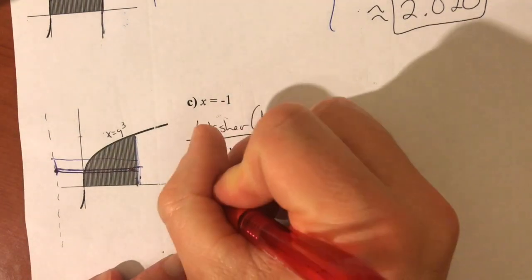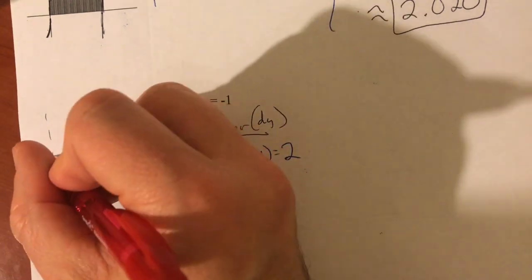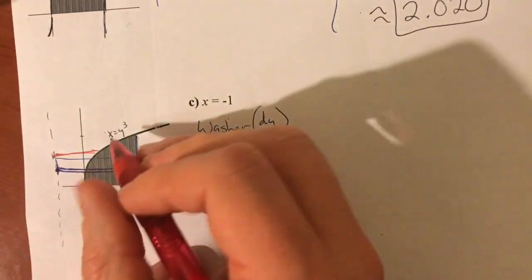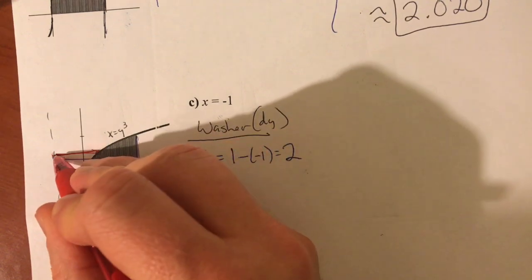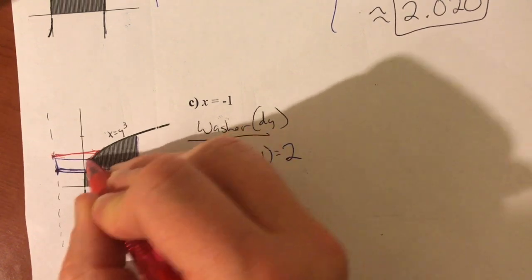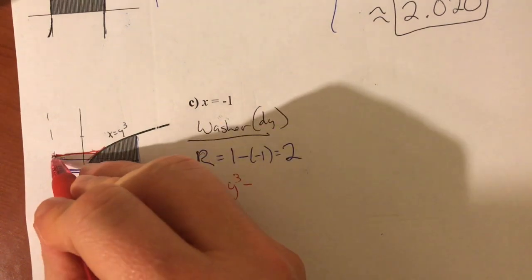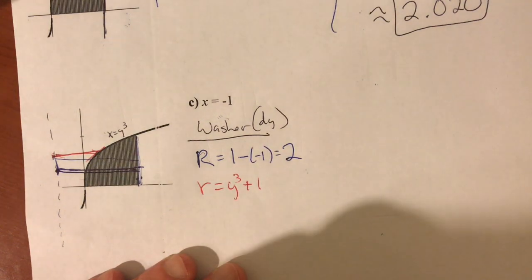The small radius, the radius of the hole, that is changing because that's the distance from here to the curve. So at every given spot, that's going to be a different distance, and that is going to be right minus left, and the right boundary is the curve y cubed minus -1. So that will be plus 1, right?